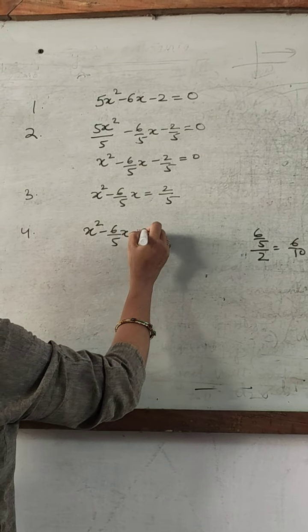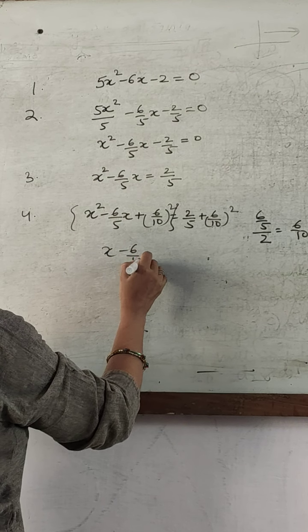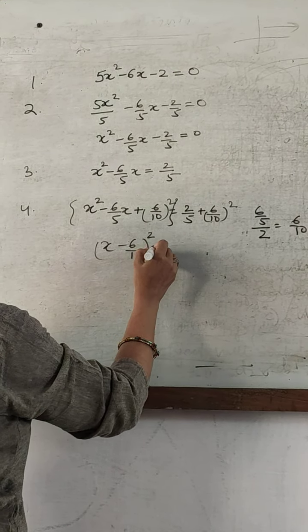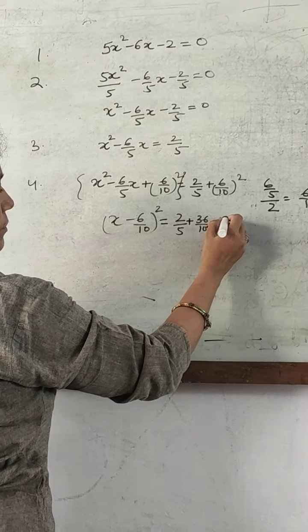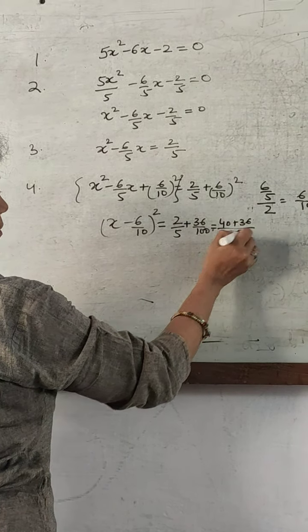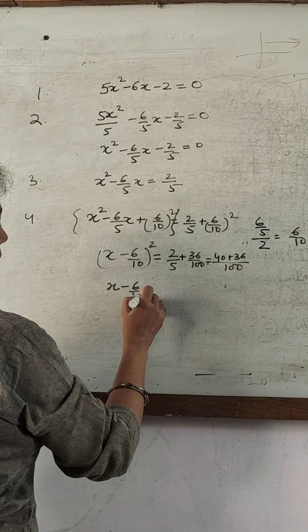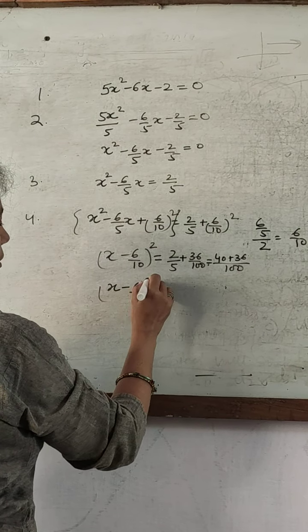So this makes the whole square of 100. So this gives x minus 6 by 10 whole square equal to 76 by 100.